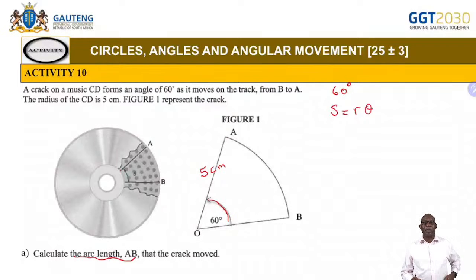So how do I change my 60 degrees to radians? That's what I wanted to explain when I explain the formula. So I multiply this one by pi over 180 degrees. So when you change degrees to radians, you always multiply by pi over 180 degrees. So this will give me pi over 3 radians.